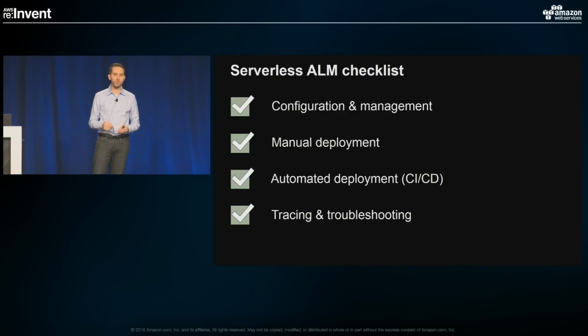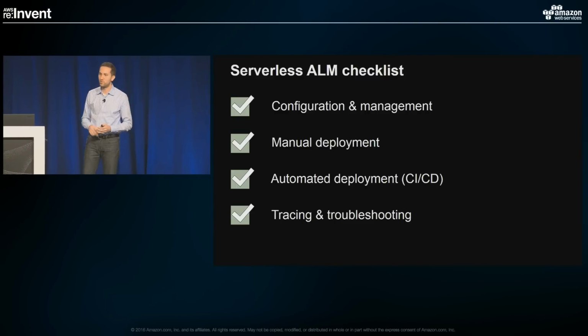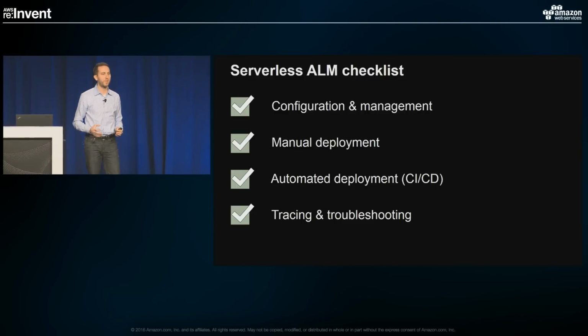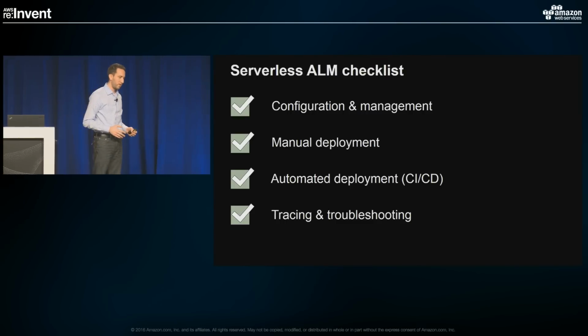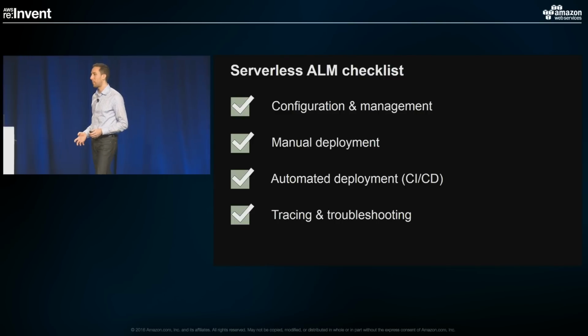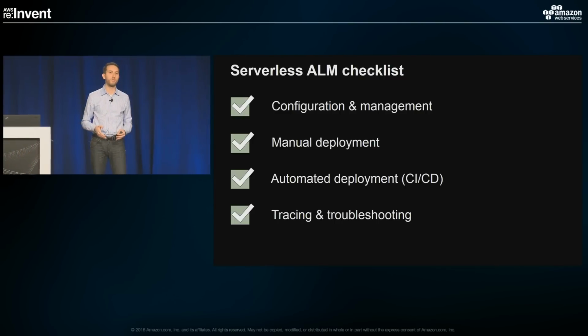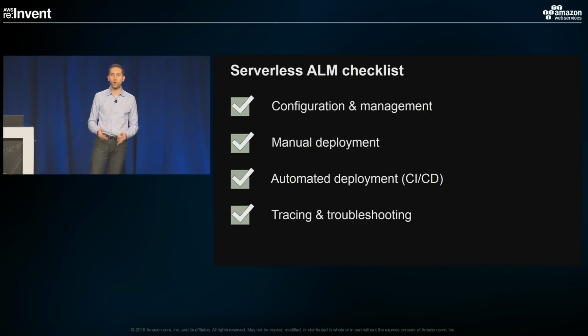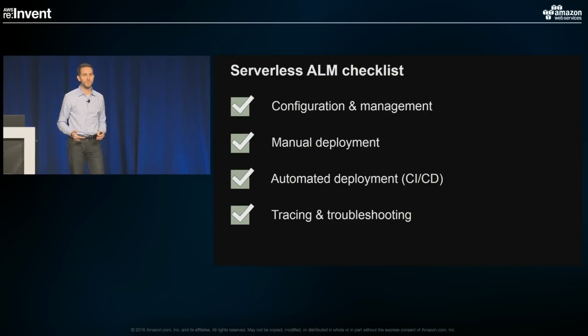Then we saw how we could use CodePipeline, CodeBuild, and CloudFormation to automate that process. And lastly, we talked a bit about how to troubleshoot an application. We saw what we have today, and that very soon we're going to have a new, totally different way to troubleshoot a serverless application.